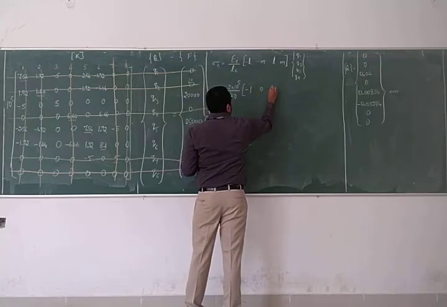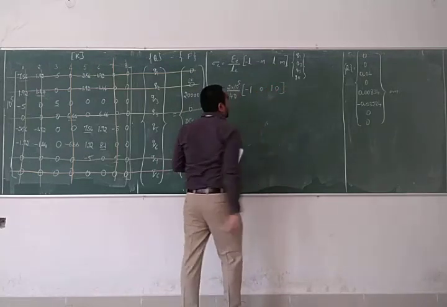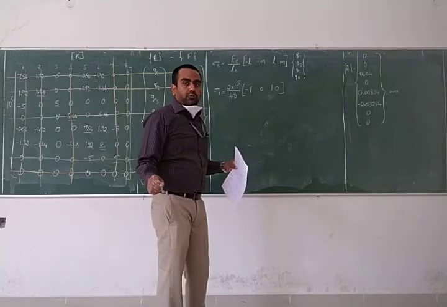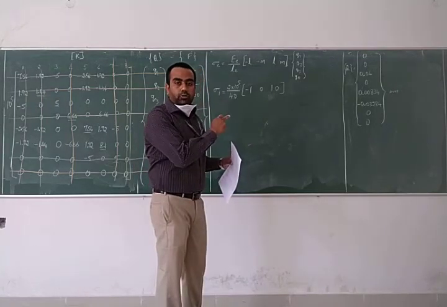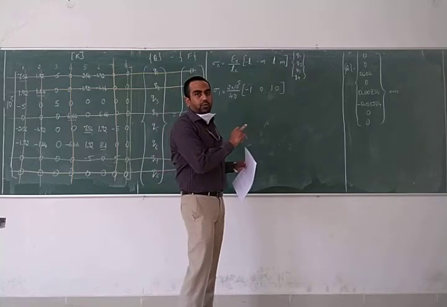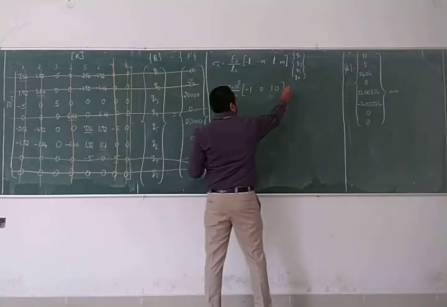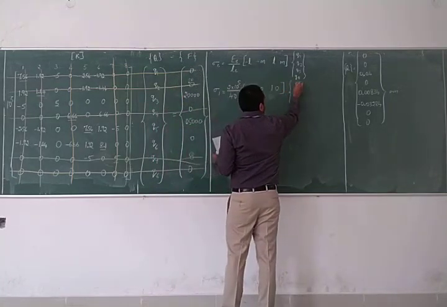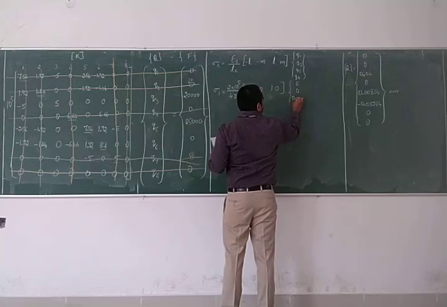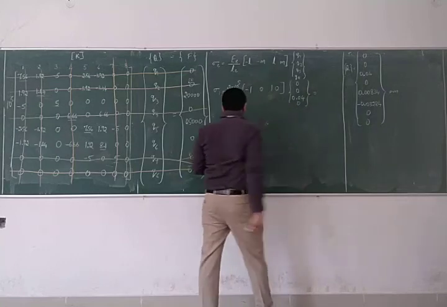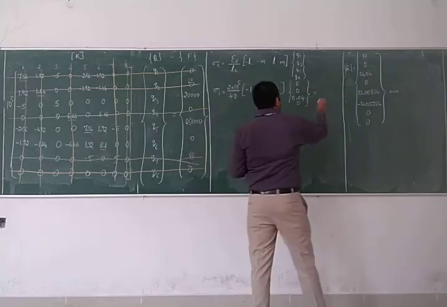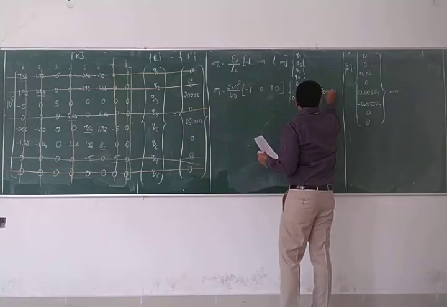The m value is 0. Now Q1, Q2, Q3, Q4 holds true for element 1. Node 1 has displacements 1 and 2, so Q1, Q2 is for node 1, Q3 and Q4 is for node 2. So directly I will write the values for Q1, Q2, Q3, Q4: 0, 0, 0.04 and 0. So I will obtain the stress value as 200 Newton per millimeter square.